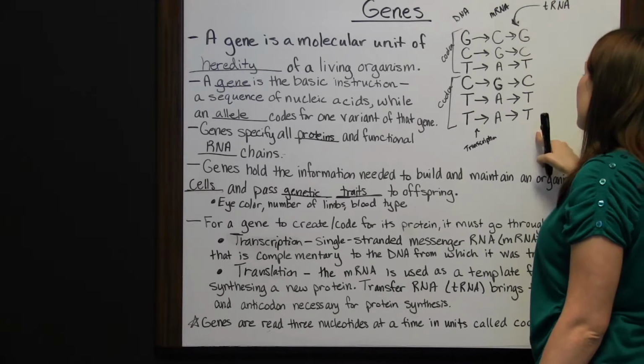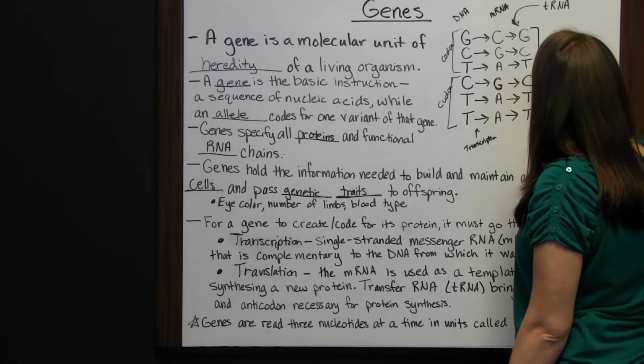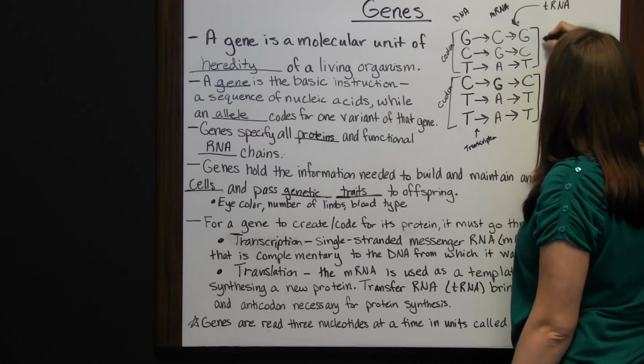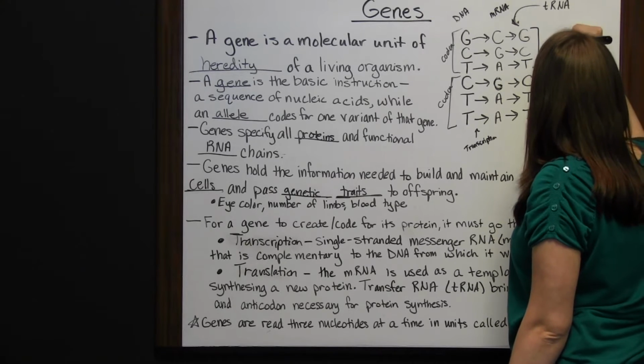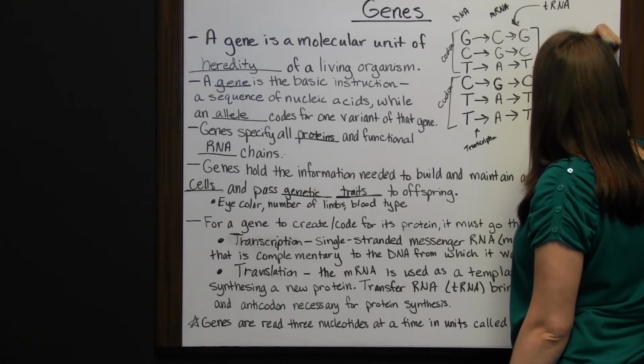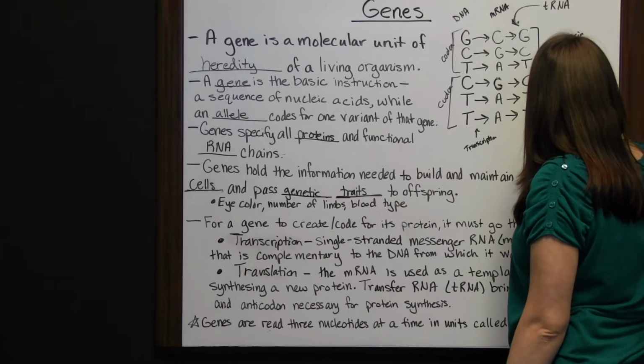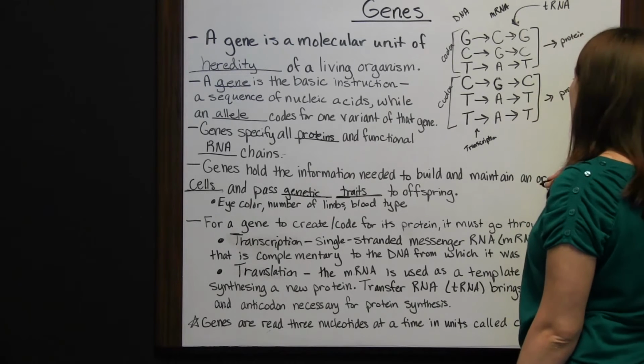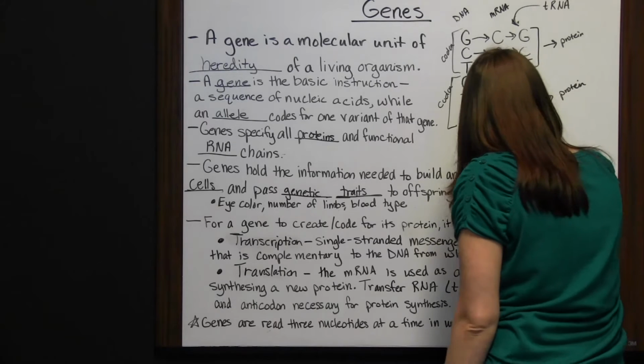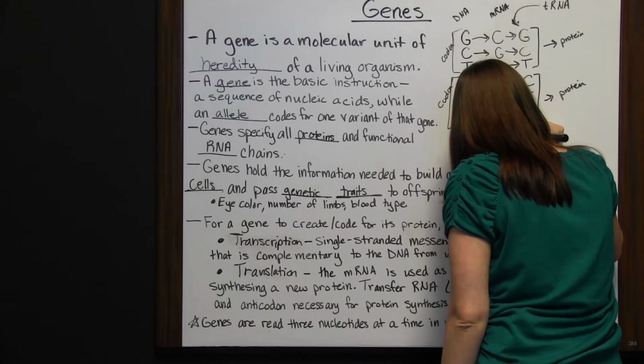So now in a different part of the cell, you've got these codons, and they're going to code for a certain protein. And this is what happens in the cell. So this part would be your translation.